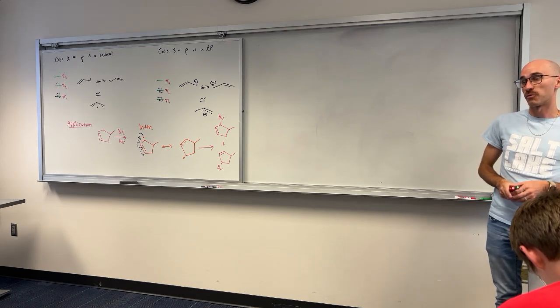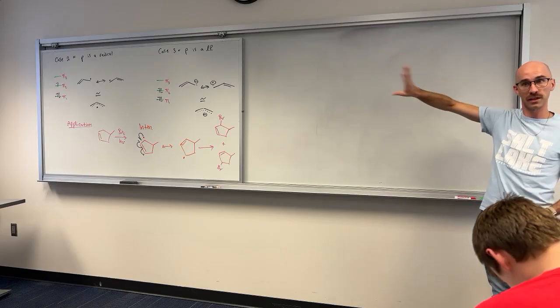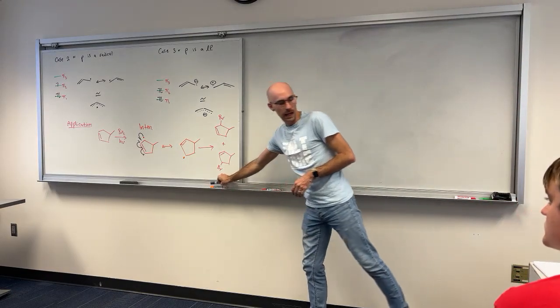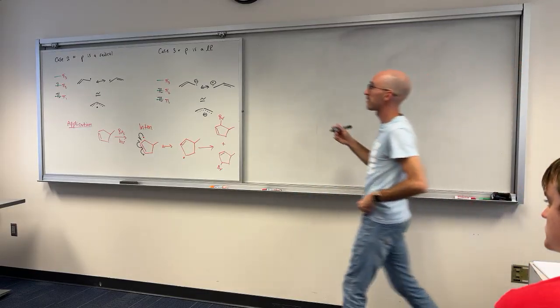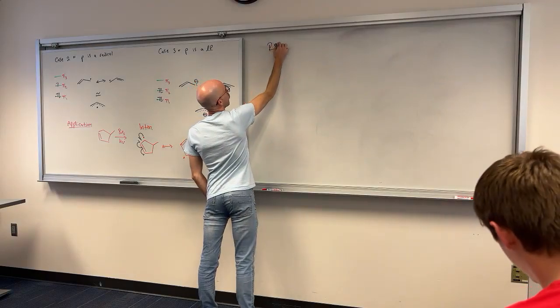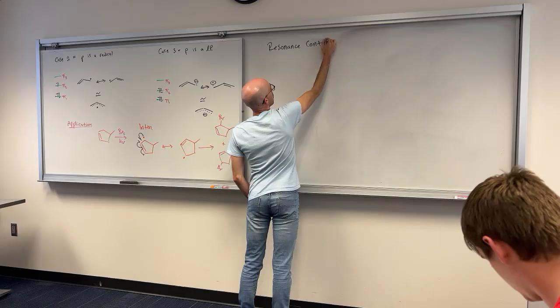Keeping on the topic of resonance, which again follows MO theory, so think about how this applies. I want to take a minute to look at factors that affect resonance contribution.